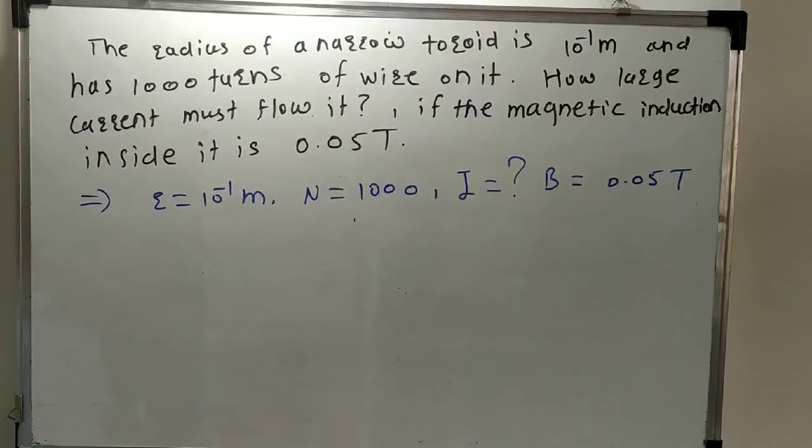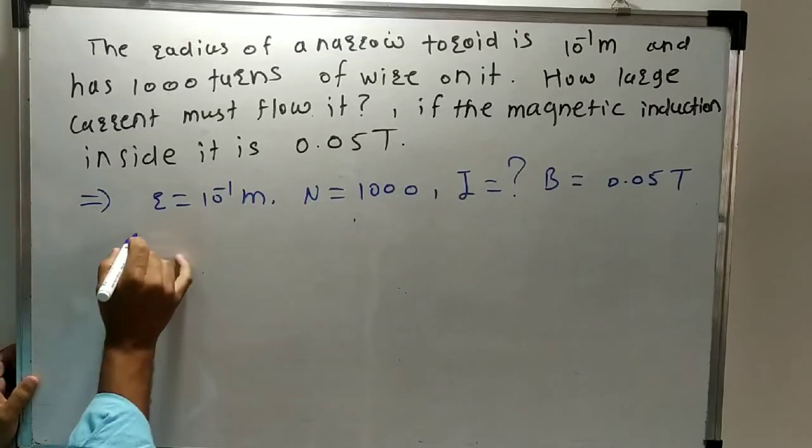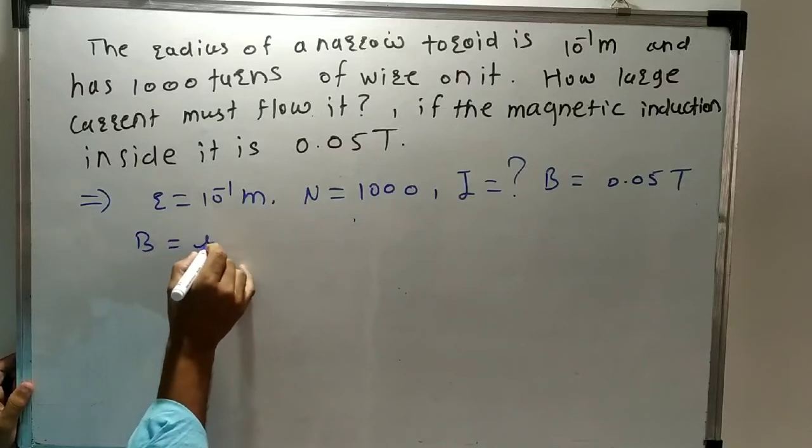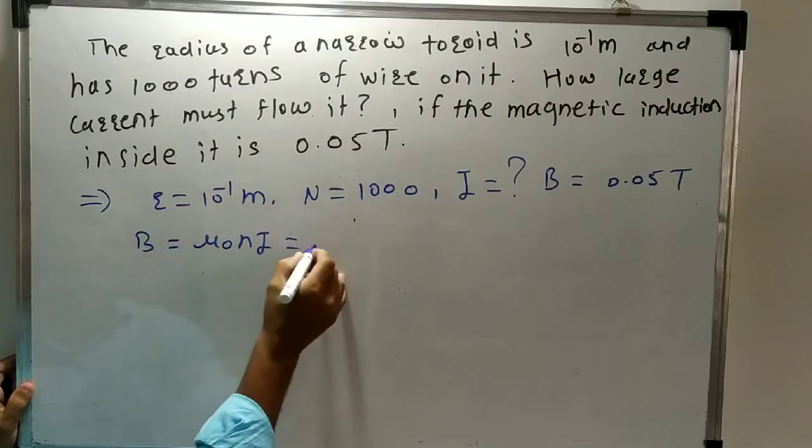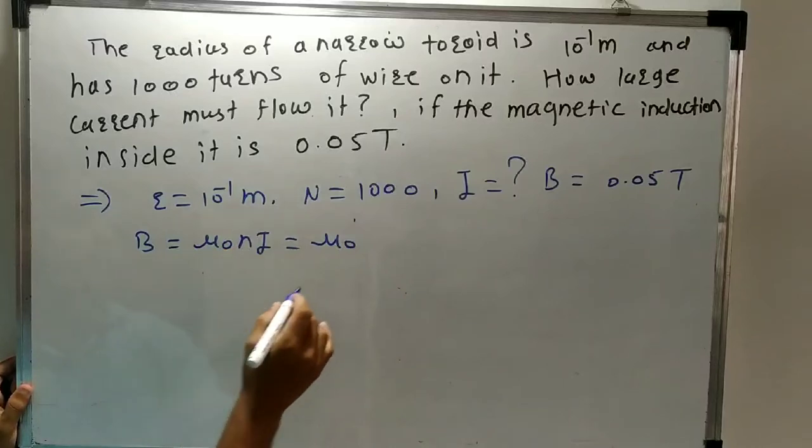So already we have used the formula in the previous topic. What is the formula for magnetic induction? The value of B for toroid is mu naught n I, but what is the value of n?